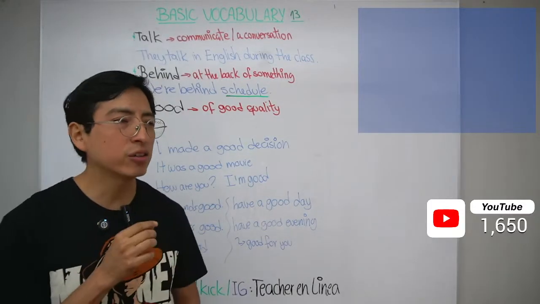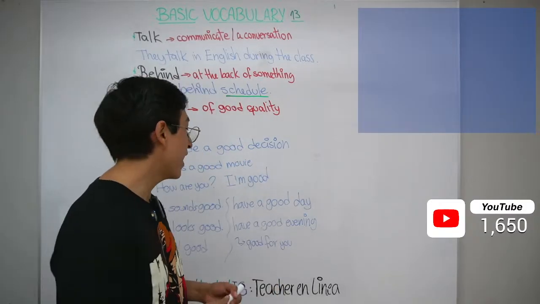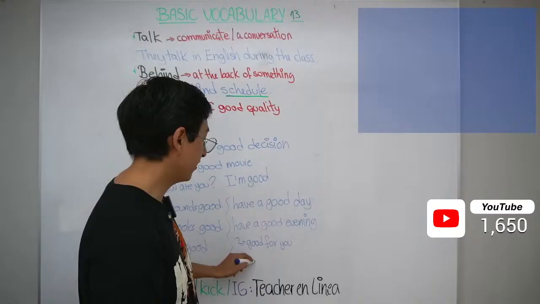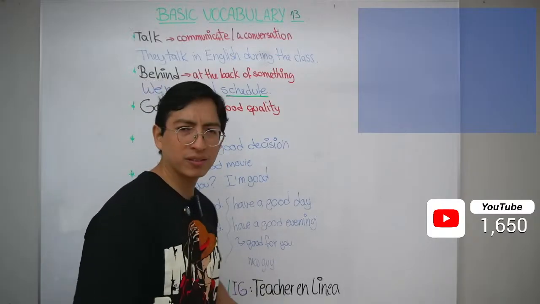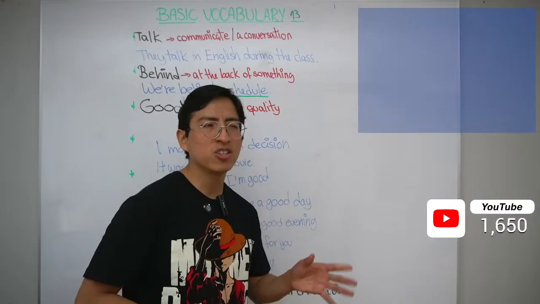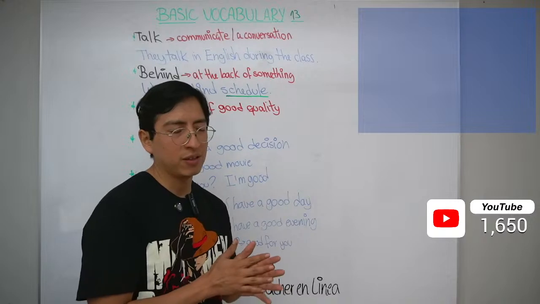Yeah, you can say good person, guys, but in English, it's better to use nice person. Oh, he's a nice guy. Maybe you can say, oh, he's a nice guy, or she's a nice person. Yes, you can say good person.